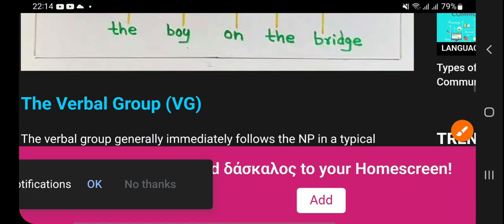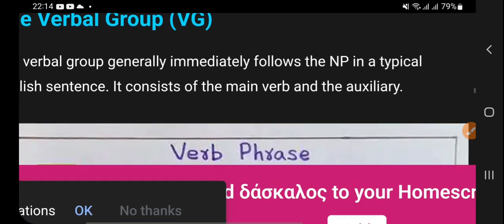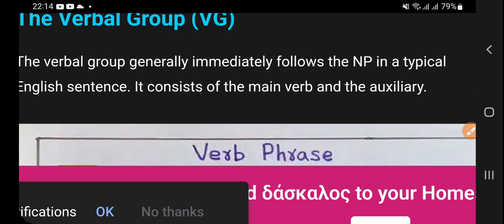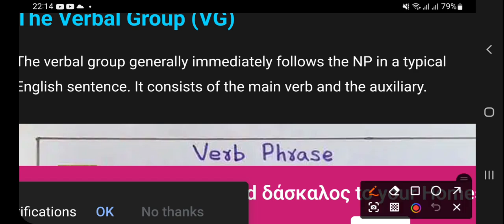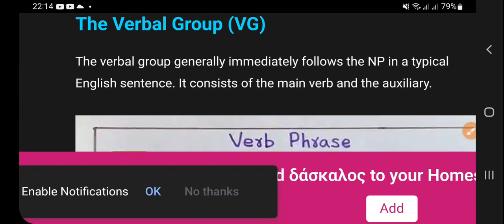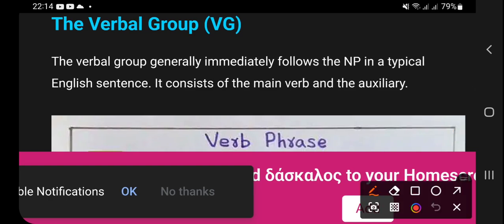Okay, so this way. Now next is the verbal group, denoted by VG. Very important. So what is a verbal group? We know verbs include helping verbs, so a number of helping verbs are there. The verbal group generally immediately follows the noun phrase.